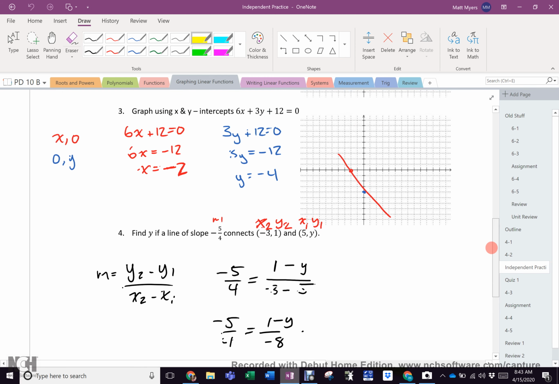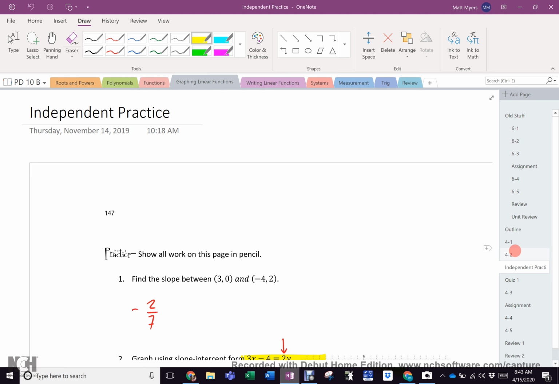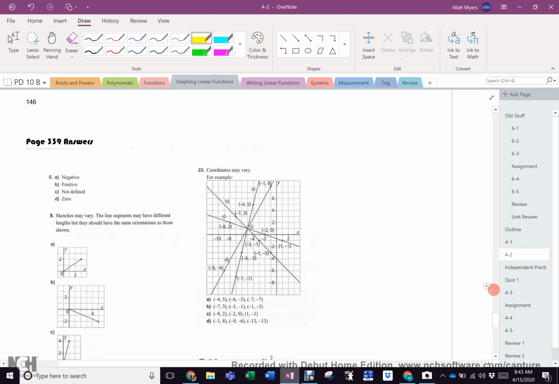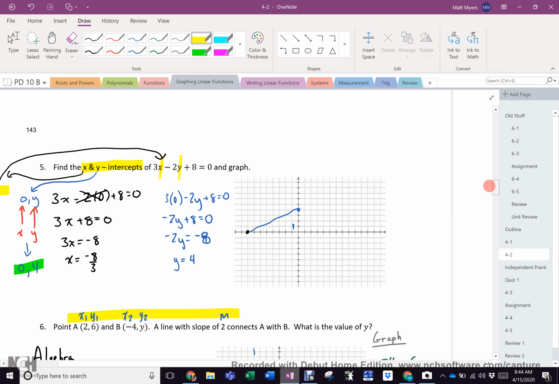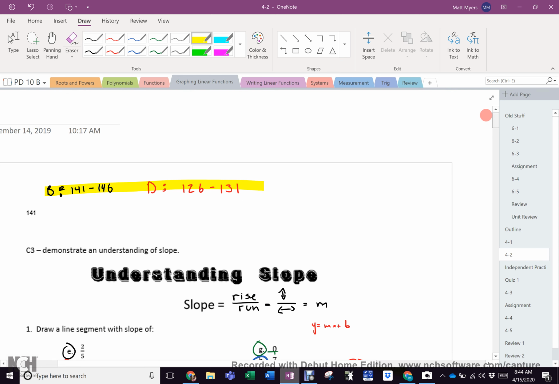Yeah, okay. You also need to do page 147. And if you're in block B, it's due page 132. So you also have to do that.